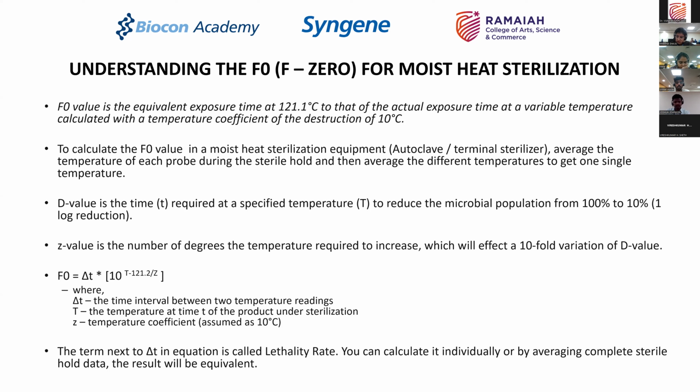I also know the time interval between two temperature readings. I took a temperature reading at minute number 1 and the next at minute number 4, so the delta T of the two readings was 3 minutes. I was doing an actual measurement, and at that actual measurement, my F0 was so much. Why is this important?